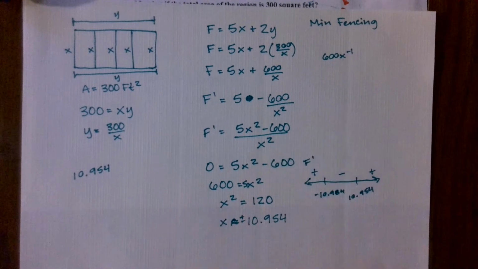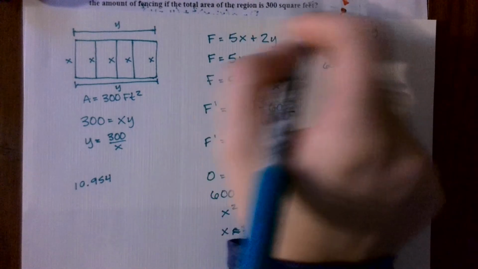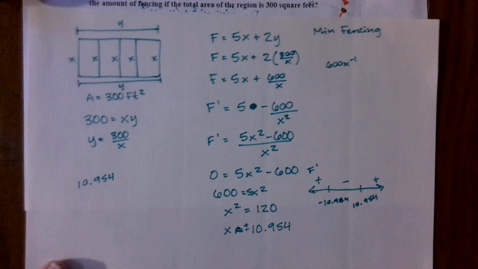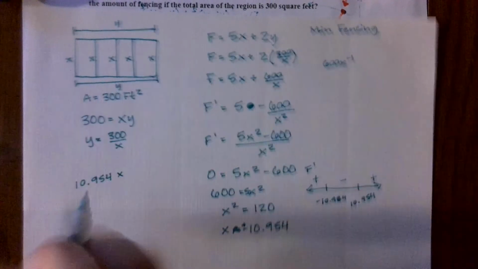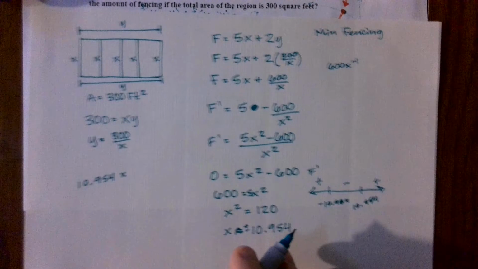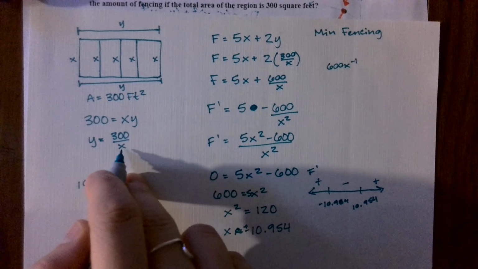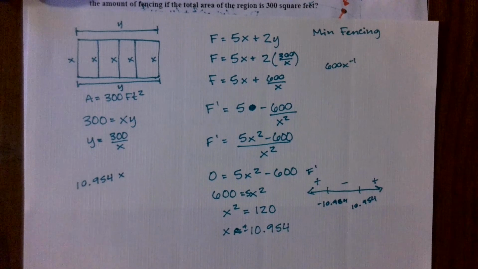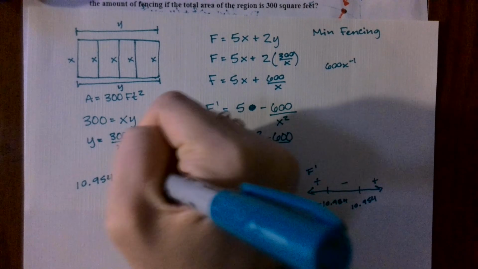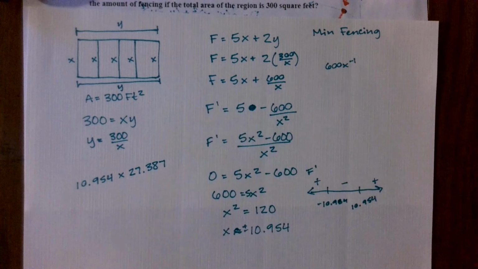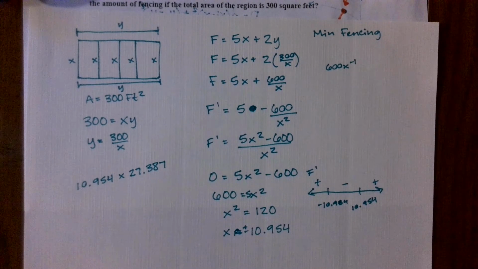In the end, we're looking for what the dimensions of the region are, so my x by y, that minimizes my amount of fencing. So my x is already good, it will be my 10.954. But then to find my y, I'm taking 300 and dividing by my 10.954, and I get 27.387. And this was talking about feet.